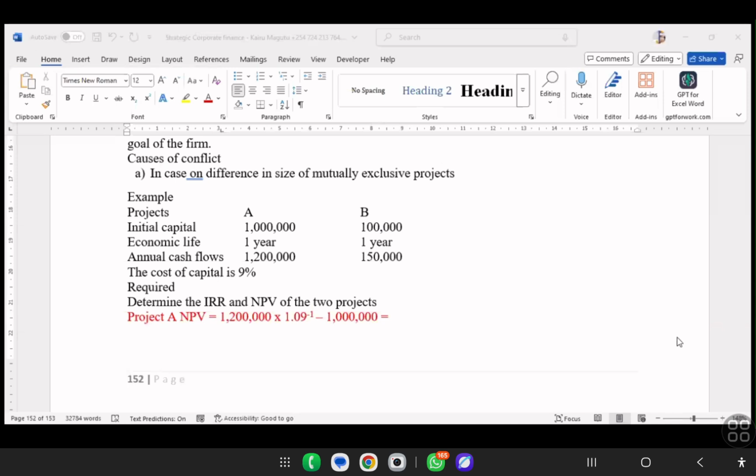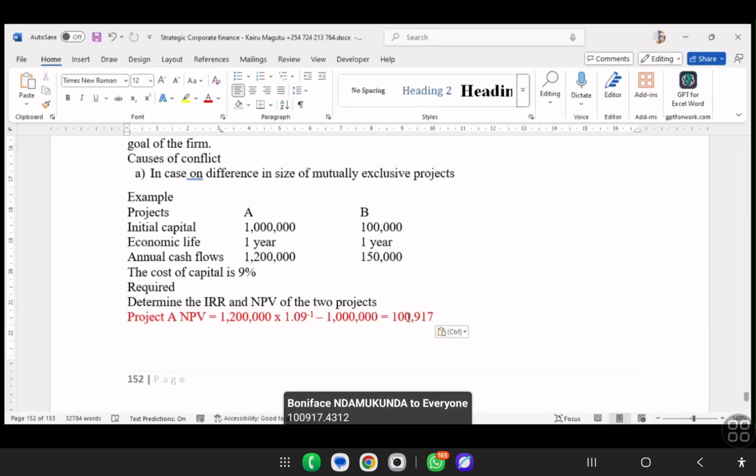NPV of A? 108.80? 109.17, which is which? Let me go by 109.17, that one got the majority. So that is the NPV for project A.